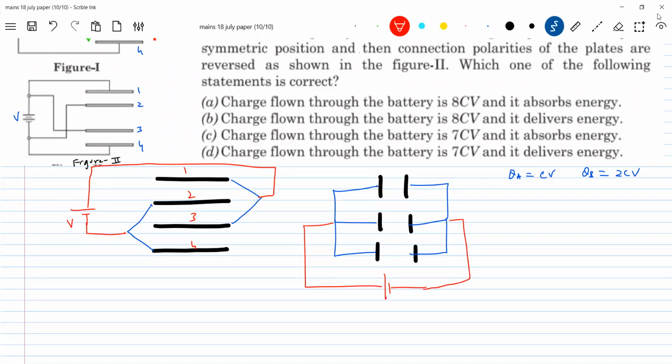Okay. Now what are the numbers now? So on this side, this should be 1, and between 1 and 2 there's a capacitor, so the numbering will be like this. This will be 1, this will be 3.